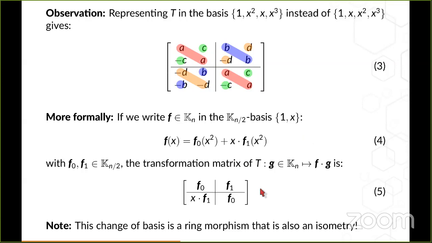And we can see that equation 3 is one particular instantiation of the matrix representation given in 5. And one interesting remark is that the splitting operation, which is done in equation 4, is also used in the FFT, the fast Fourier transform.